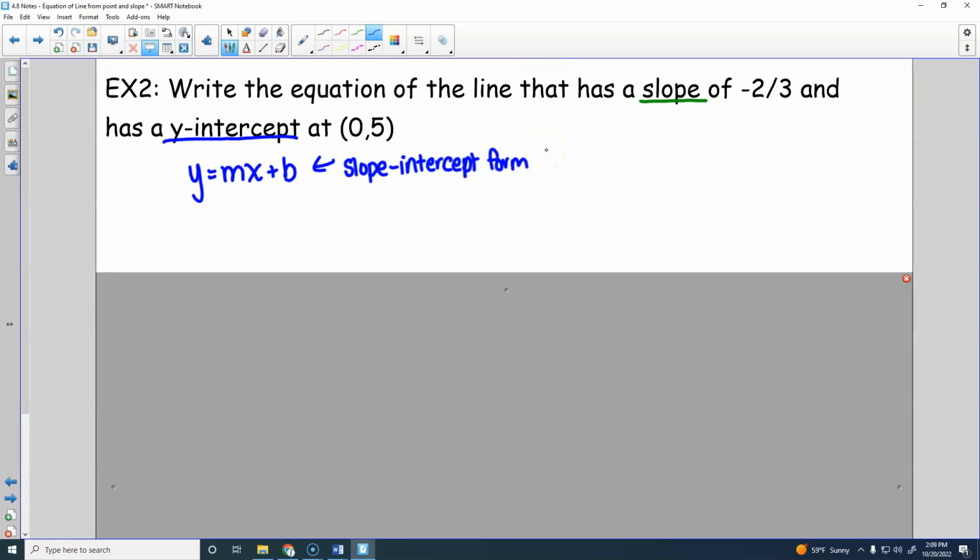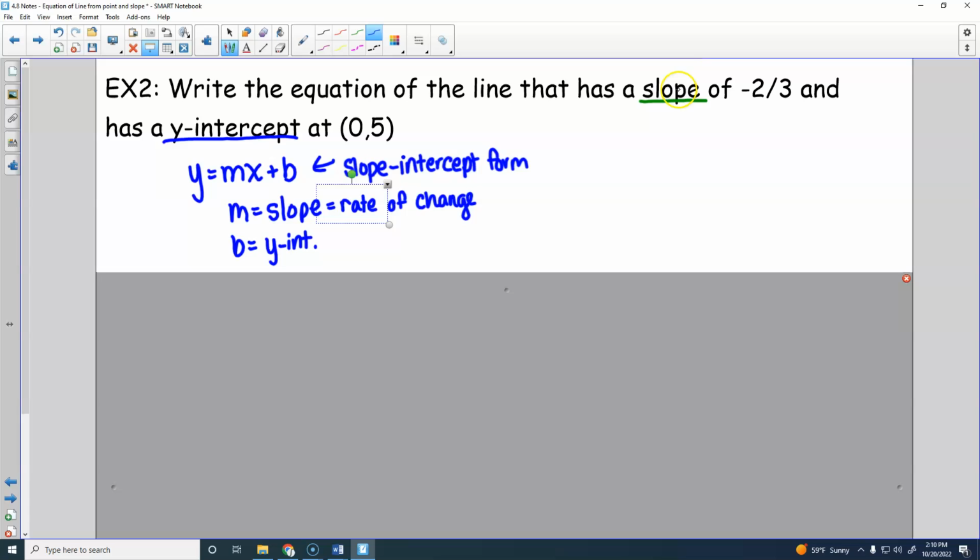It is called slope-intercept because what does the m stand for? Slope. And what does the b stand for? Y-intercept. Slope is rate of change. Slope and rate of change are kind of interchangeable, so you could say rate of change also here. So slope and y-intercept, y equals mx plus b.